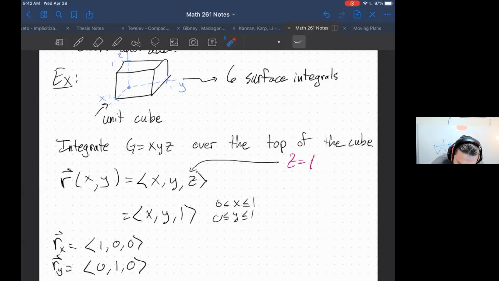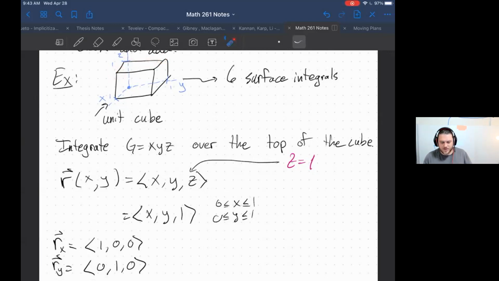So really what we did is we said, here's our R sub X and here's our R sub Y. It's pointing in the 1, 0, 0 direction and the 0, 1, 0 direction. This example is nice because we could have seen that those are our two slope directions.